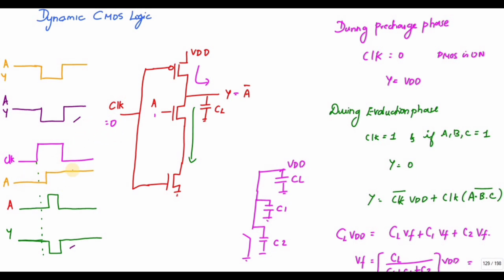During the pre-charge phase, the output goes to 1, and during the evaluation phase, if the NMOS conducts, the output goes to ground. Otherwise it remains in the high impedance state.